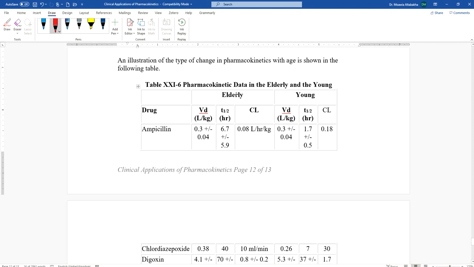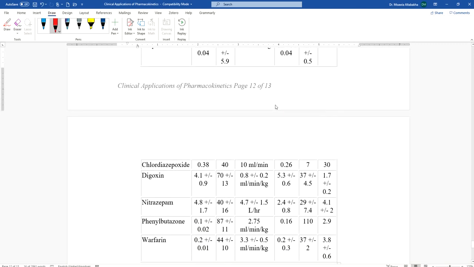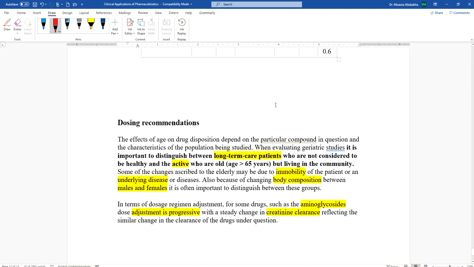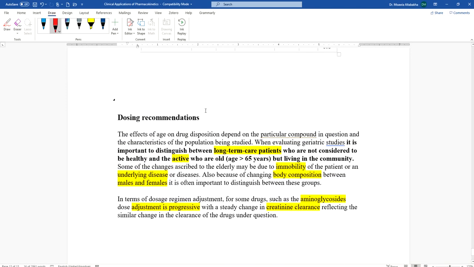Okay, and look at the difference between the two, adult and elderly. When we make those recommendations for elderly, we have to differentiate between two groups of patients. Long-term care patients that are immobilized and do not move and have diseases, and those who are healthy and active and living in the community.